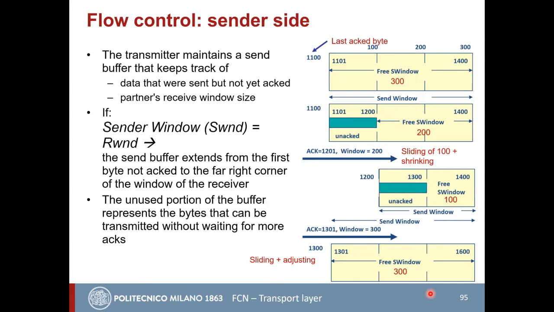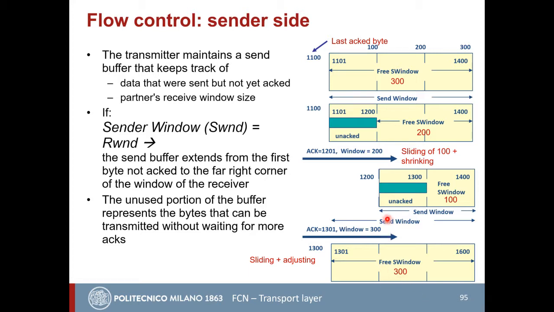So this is, I think, the best way to understand this feedback mechanism that is often not very clear even when explained in many books, because there is sometimes a lot of confusion about the meaning of the receive window.